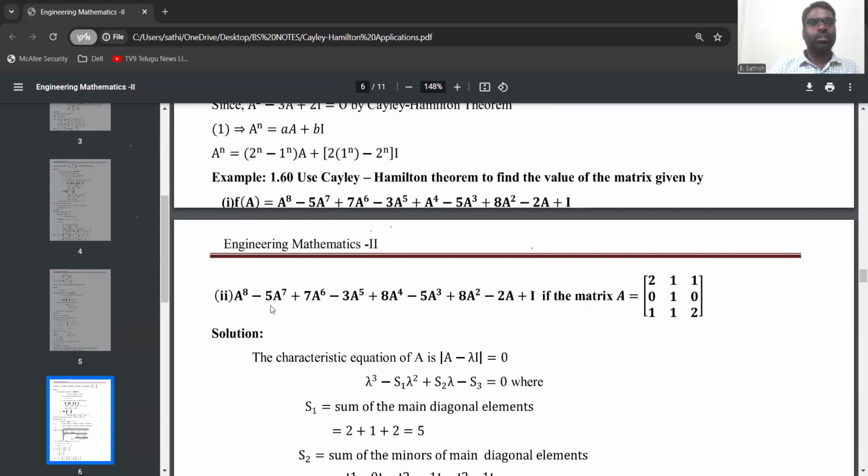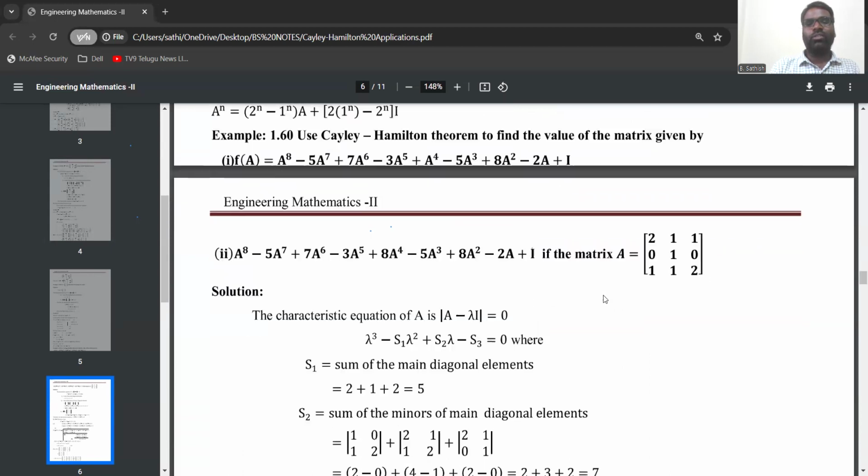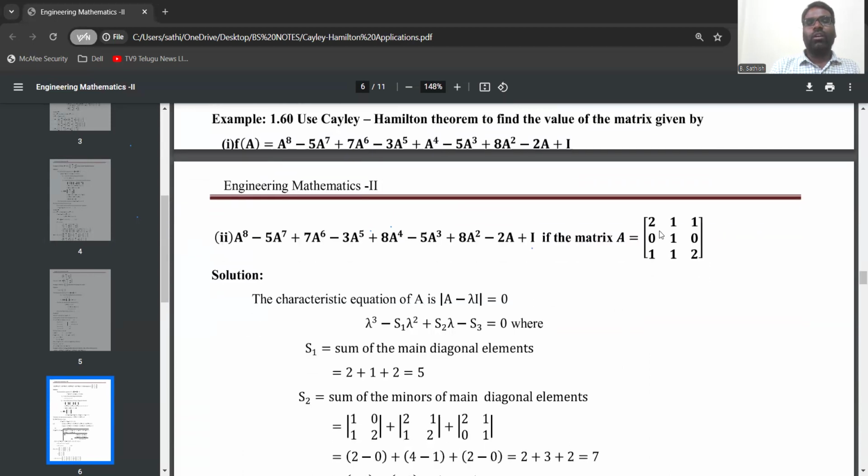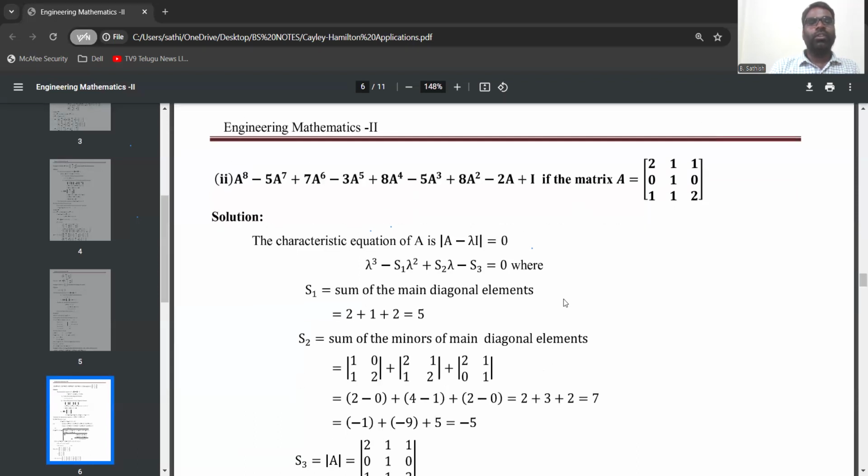And in the second one, we have to find A power 8 minus 5A power 7 plus 7 and so on, where A is the 3 by 3 matrix 2, 1, 1, 0, 1, 0, 1, 1, 2. So again, as usual, we have to verify whether the given matrix satisfies its characteristic equation, and then by using the Cayley-Hamilton theorem, we can find both of these parts.